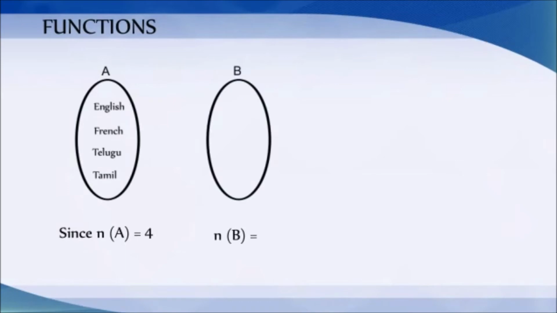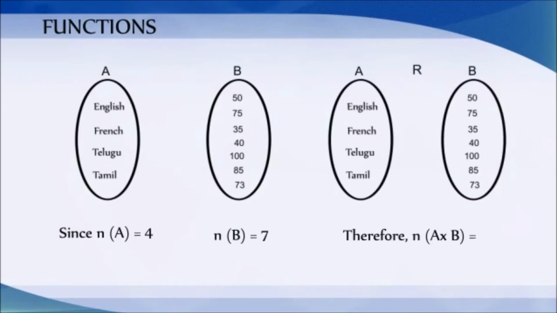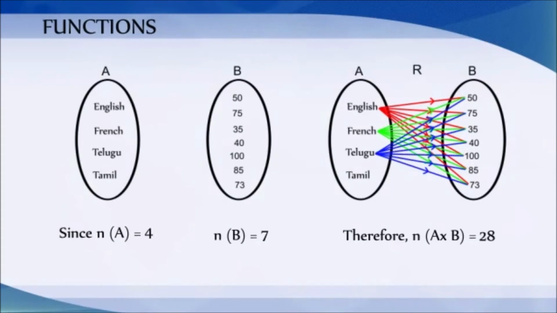Since n of A, that is the number of elements in set A, is equal to 4 and n of B, the number of elements in set B, is equal to 7, therefore n of A cross B, that is the number of elements in set A cross B, will be 4 multiplied by 7, that is 28. Therefore, the number of relations that can be defined from the set A to the set B is 28.